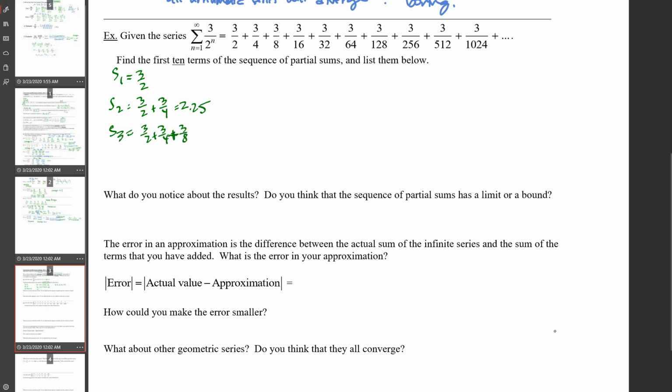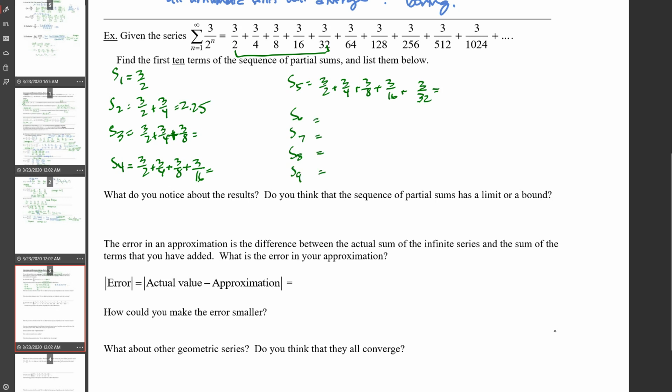And S4 is 3 halves plus 3 fourths plus 3 eighths plus 3 sixteenths. And S5 is going to be the first 5 terms here, so 3 halves plus 3 fourths plus 3 eighths plus 3 sixteenths plus 3 over 32, and so on. Let me go ahead and write these down. We'll figure out what these values are.